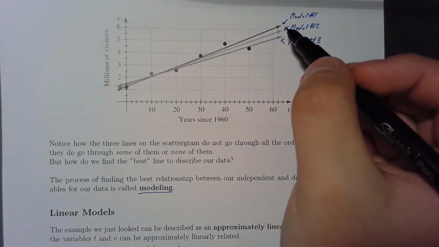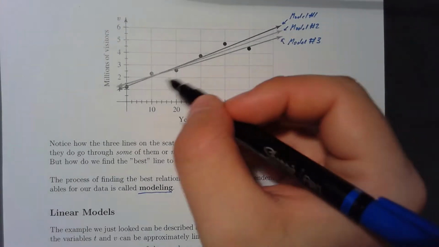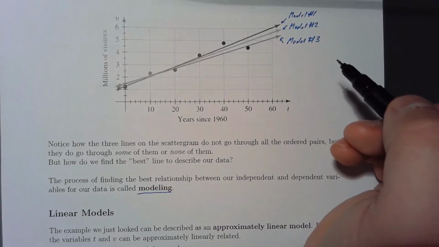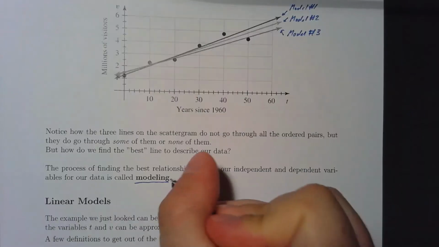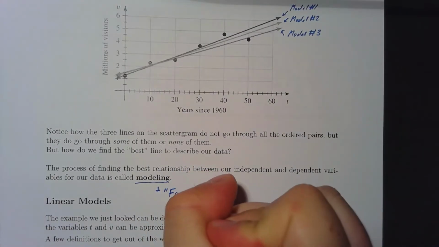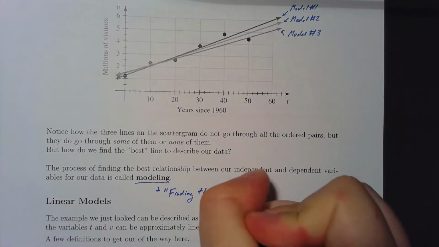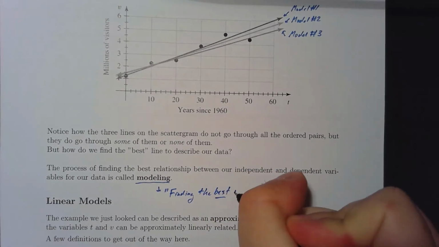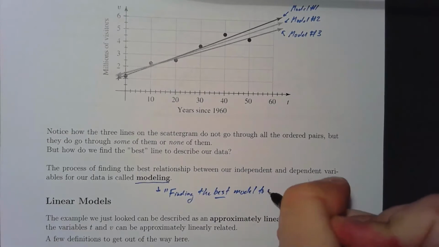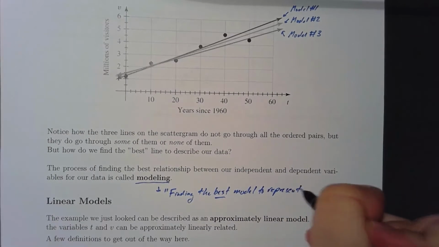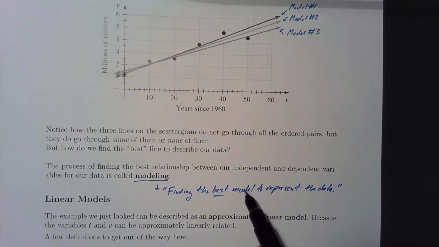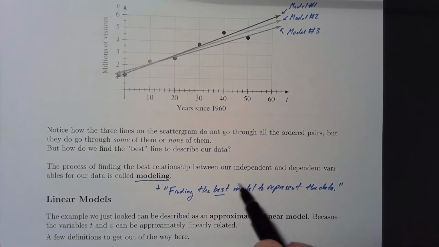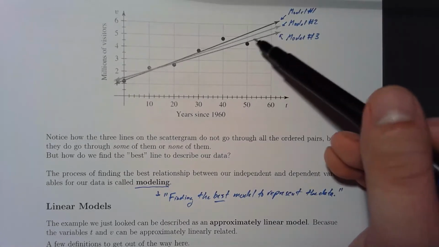But it seems like these three are the best models I can make for representing this data. Finding the best model to represent the data, that process is called modeling.